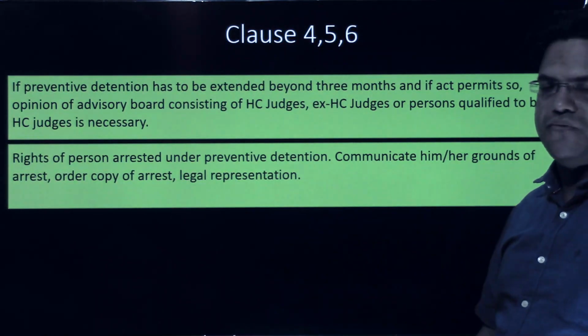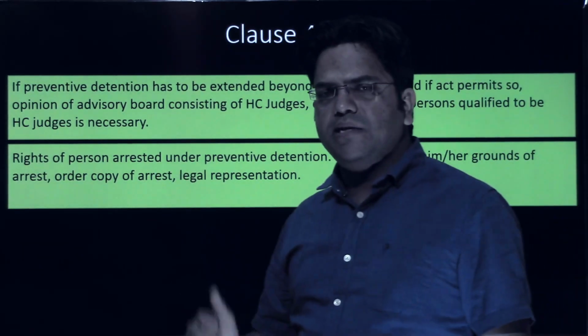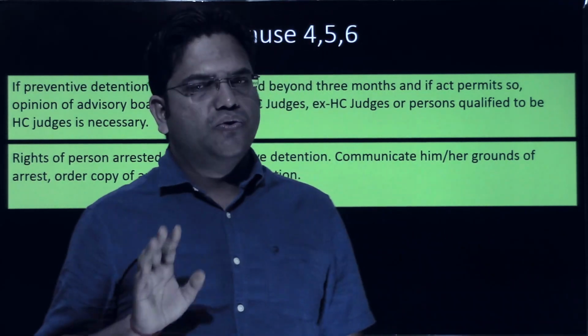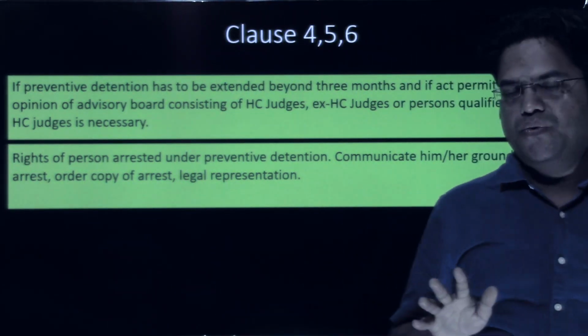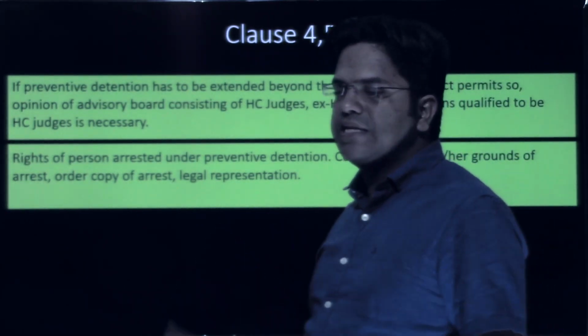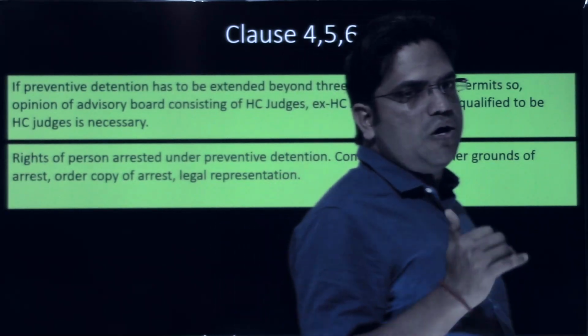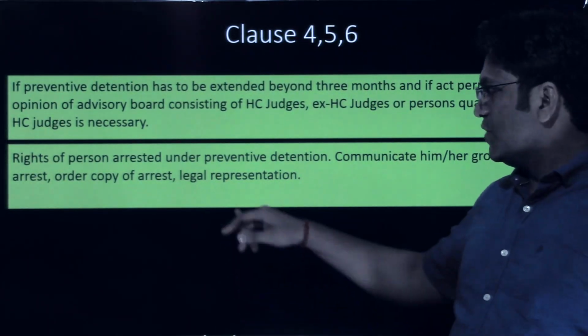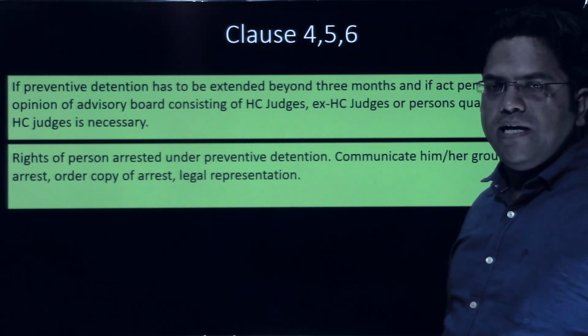Let us get to clause 5. Clause 5 deals with the rights of persons arrested under preventive detention. Those who have been arrested under preventive detention also have the normal rights available to them, including the right to legal representation. You need to have a copy of the arrest grounds. These kinds of rights are dealt with in clause 5.